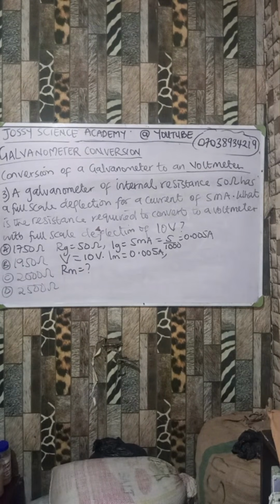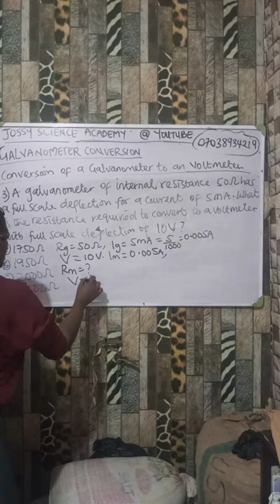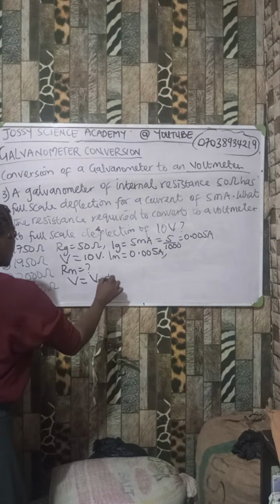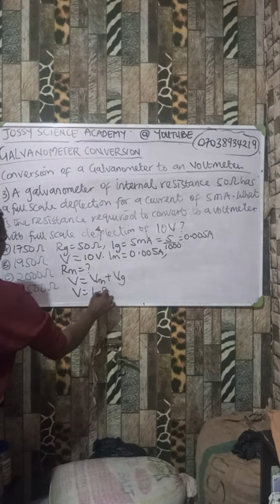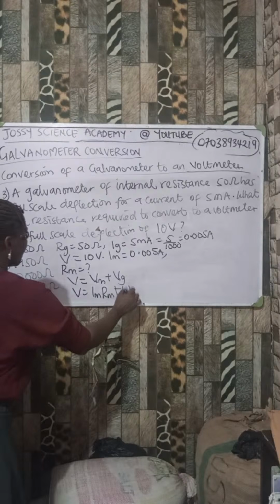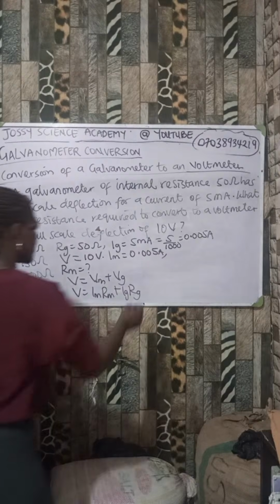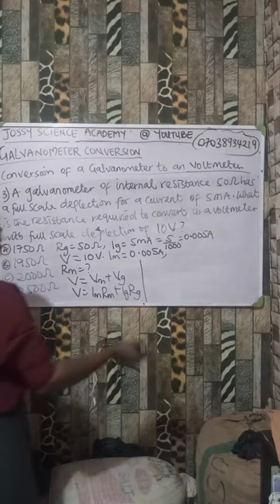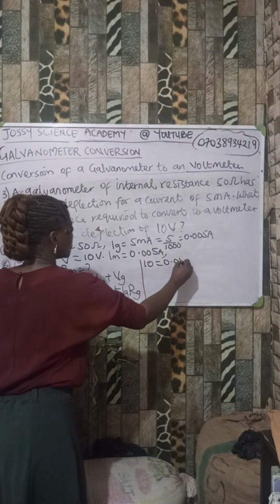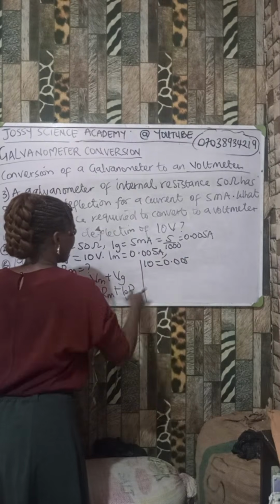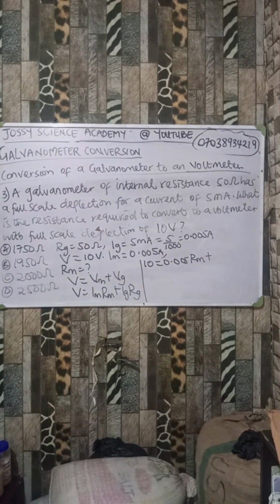All right, so we're going to use our formula, which is V equals Vm plus Vg, right? V is equal to ImRm plus IgRg. Hope that is clear. So let's put in our values. My V is 10. 10 is equal to my Im, which is 0.005 Rm, plus... Please, do we have a question before I proceed?